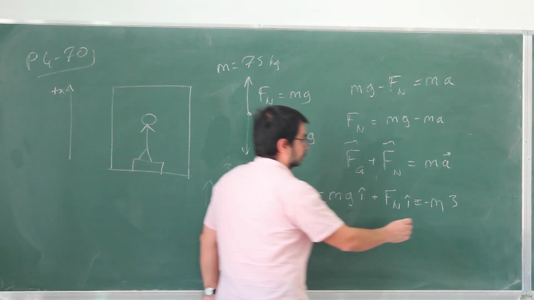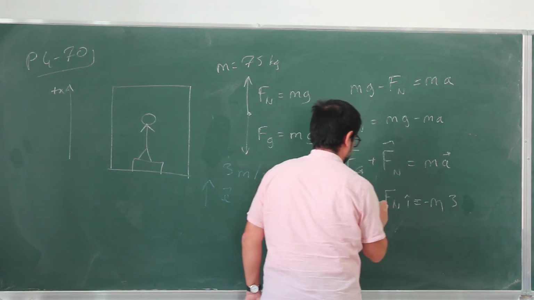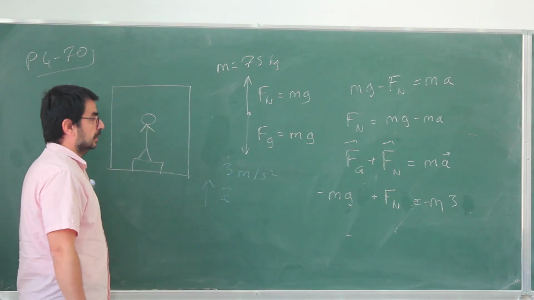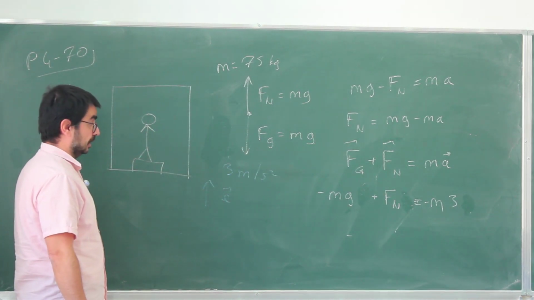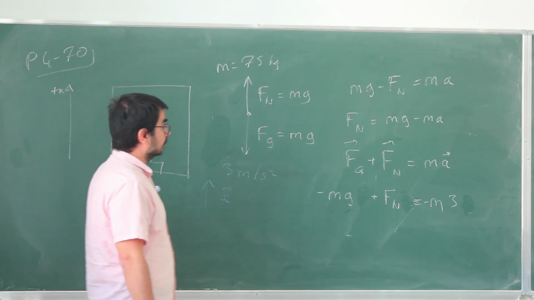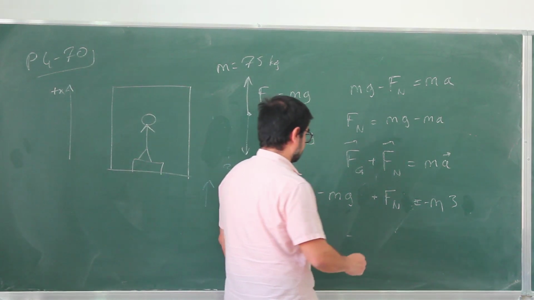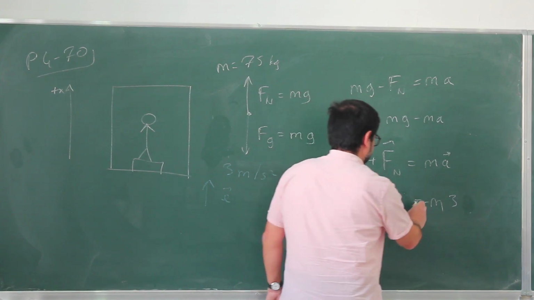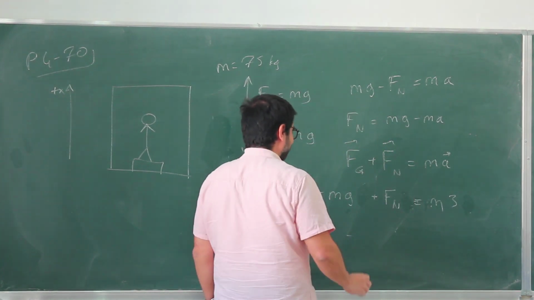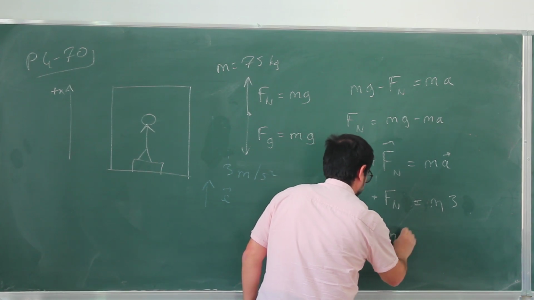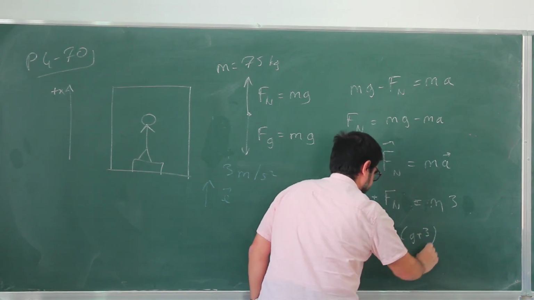You will keep all your i's, we can actually drop the unit vectors, and as you'll see, the normal force is going to be something larger. The acceleration is up, so that's how we get it larger. And Fn is going to be mg plus ma.